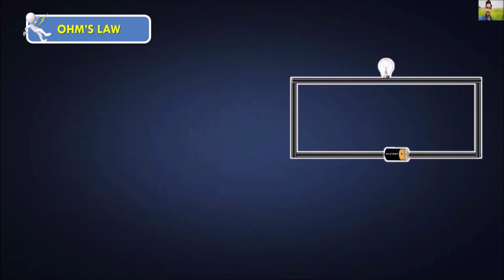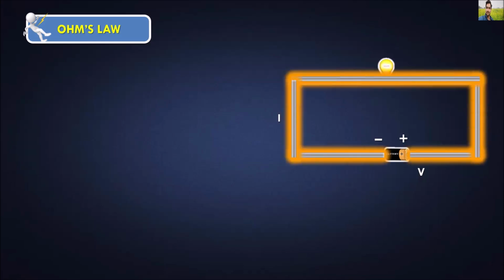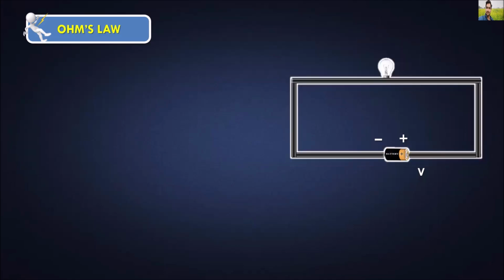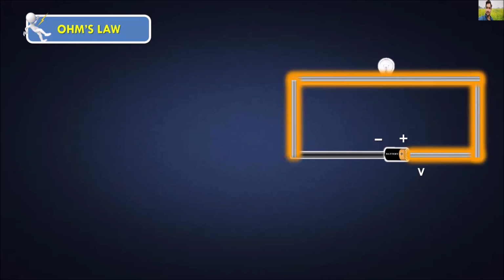In this diagram, as you can see, there is a cell and a bulb. Obviously, the cell has a negative and positive terminal, and let's suppose the potential difference across its terminals is V. Due to this cell, electric current I is flowing in the circuit and the bulb will glow.